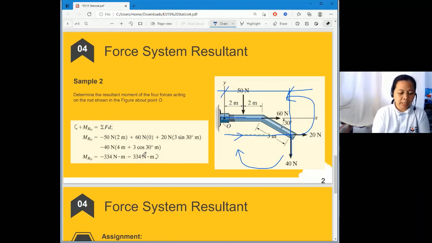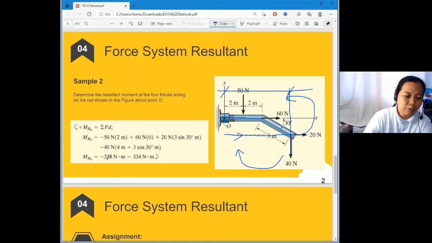Okay, so you will get negative 334 Newton meter.